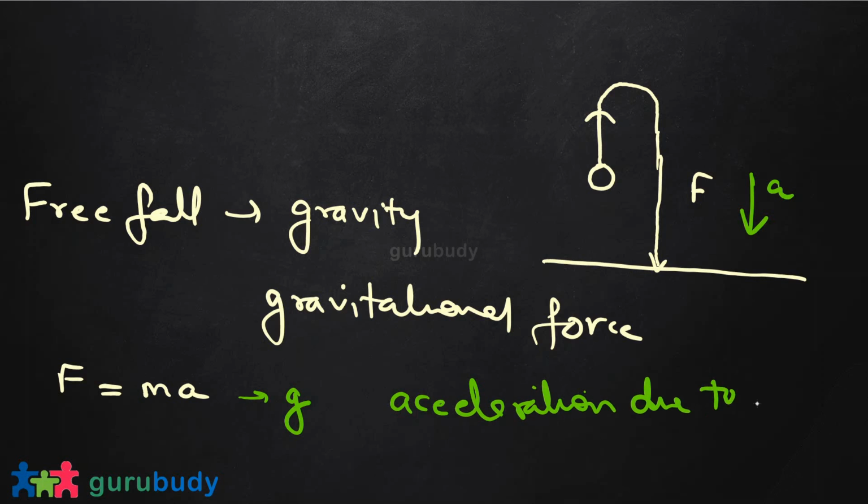Just because of the gravity present, that's what's causing the acceleration, so we call it g. As the stone is moving, the gravitational force acting on it pulls it downwards, and the acceleration because of that force is g.